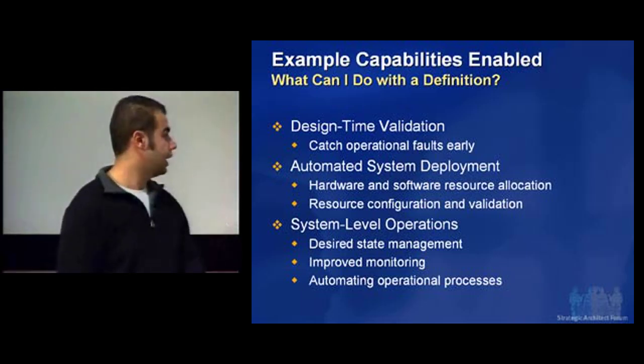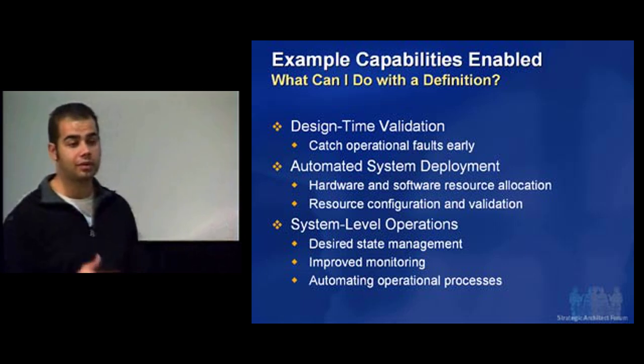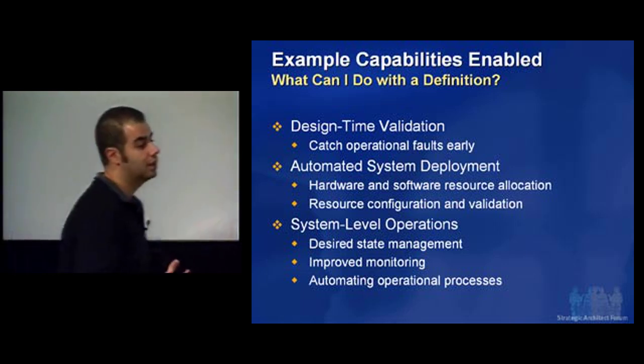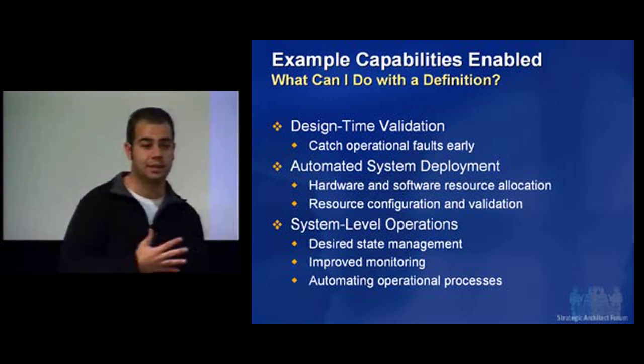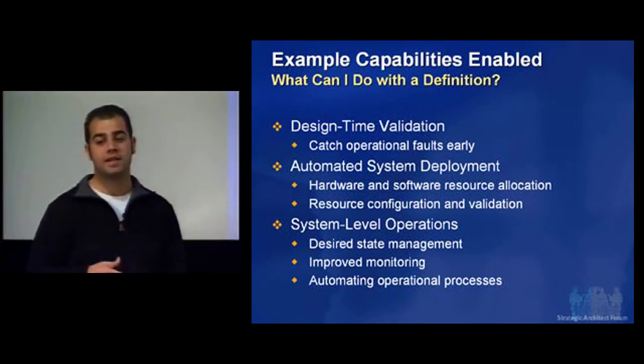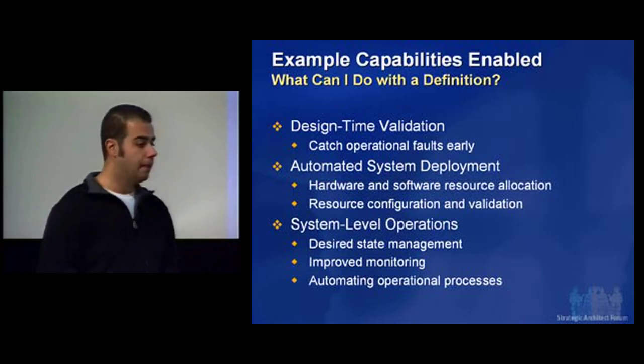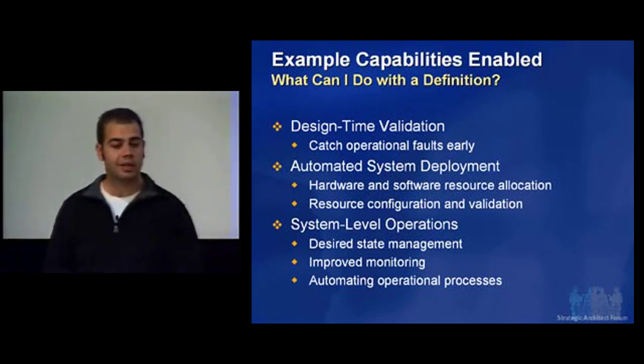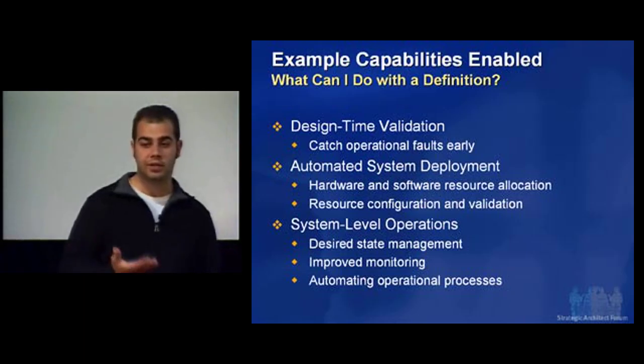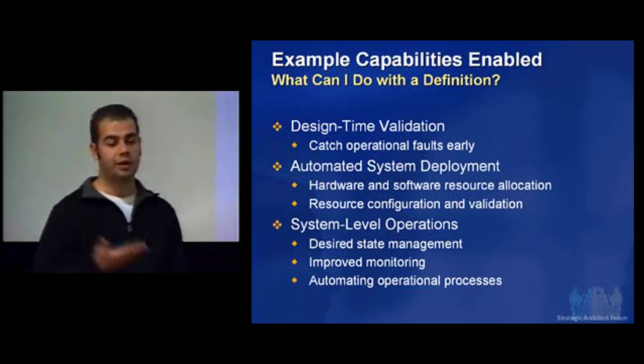Improved monitoring. That's another important thing. I'm sure all of you are familiar with monitoring tools and central monitoring tools that aggregate events from different machines and allow you to look at them in a console and do meaningful tasks with them. But with the SDM, you could use all the rich information in the SDM to provide better monitoring.